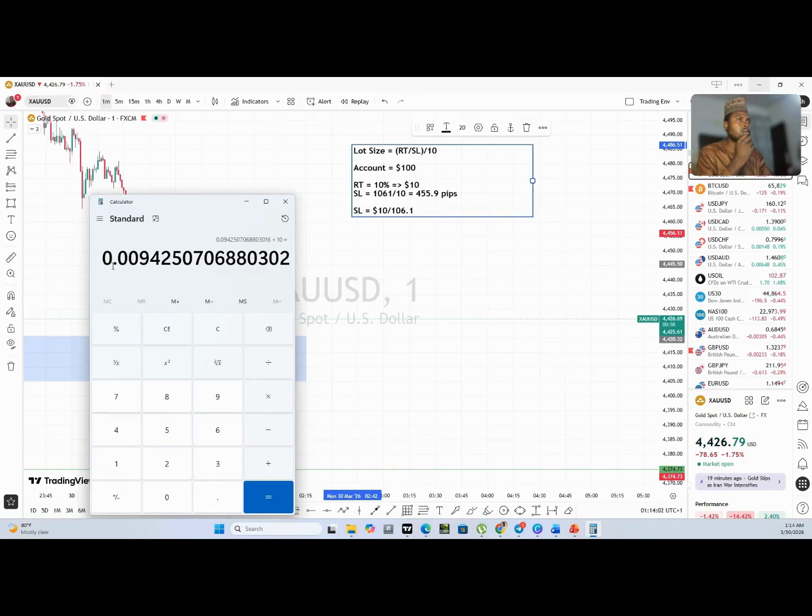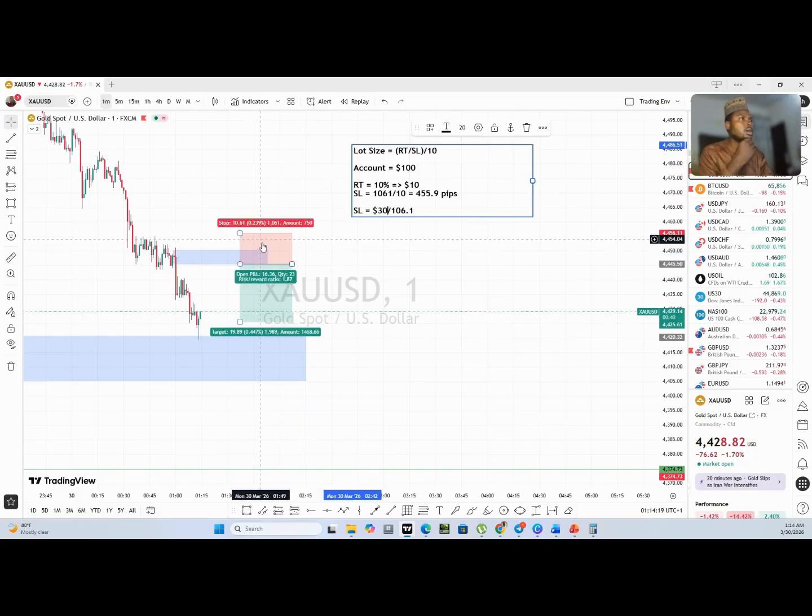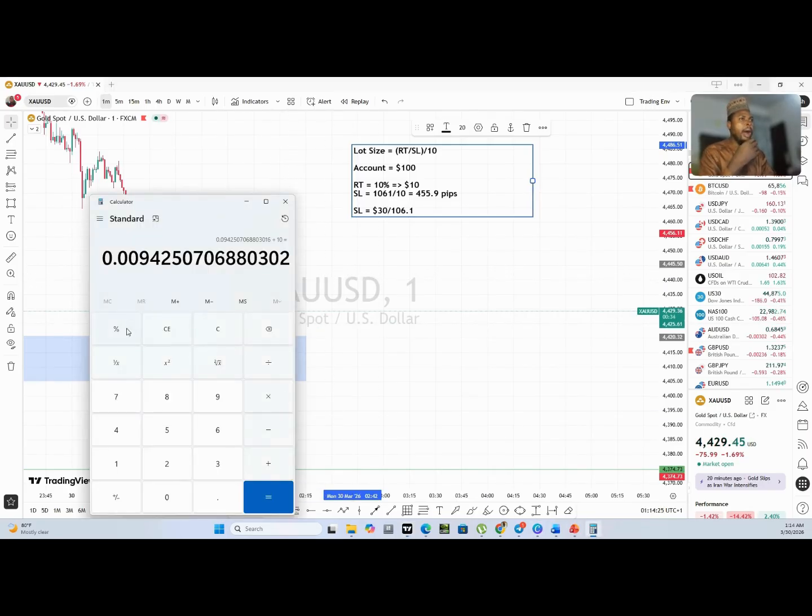It still falls under nano. So let's make this $30. Let's say we want to risk $30. $30 divided by 106, then divided by 10.